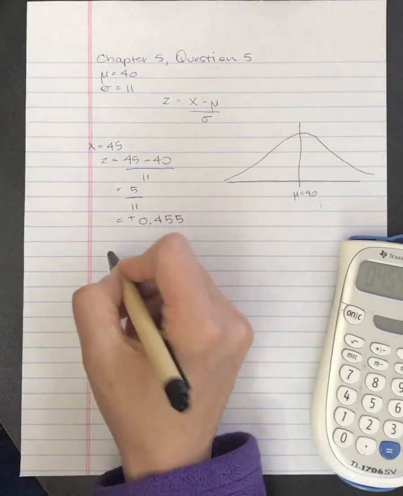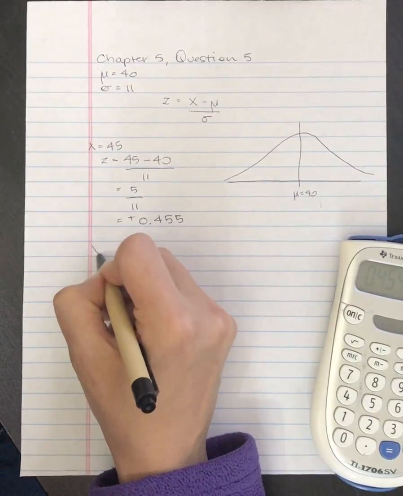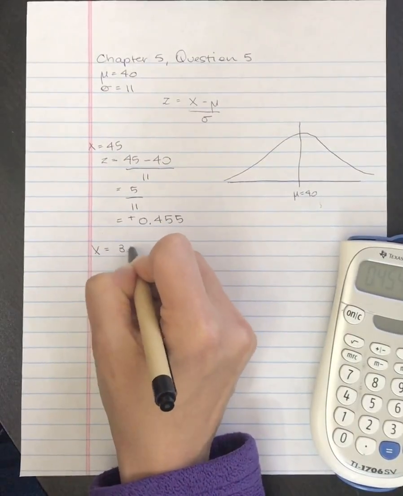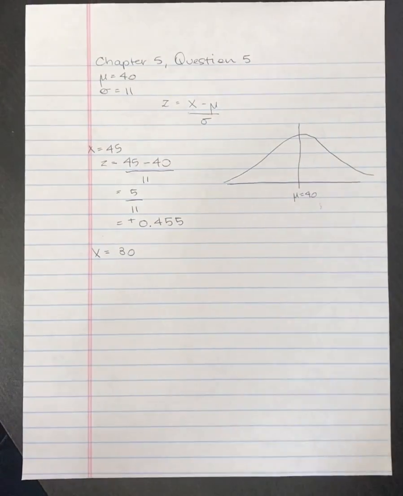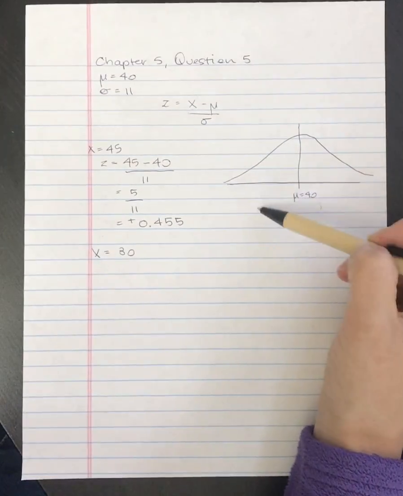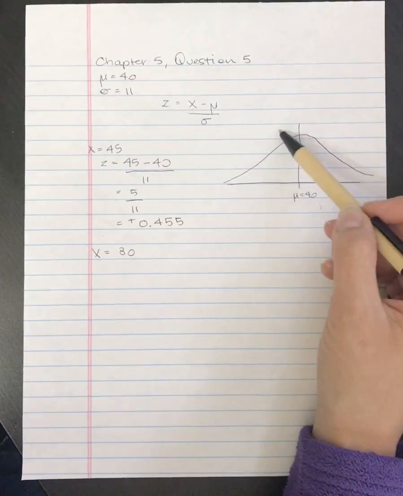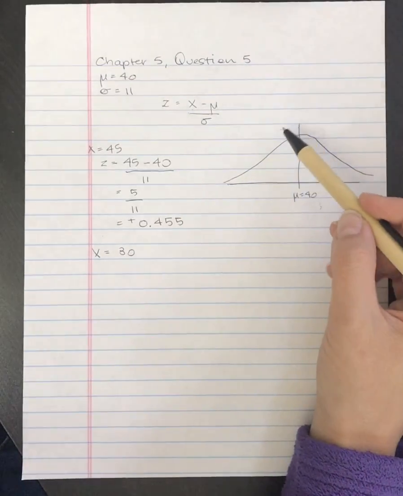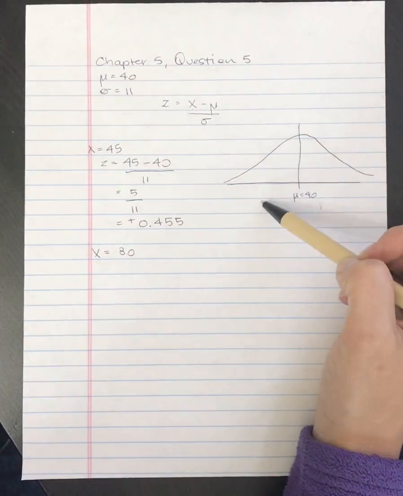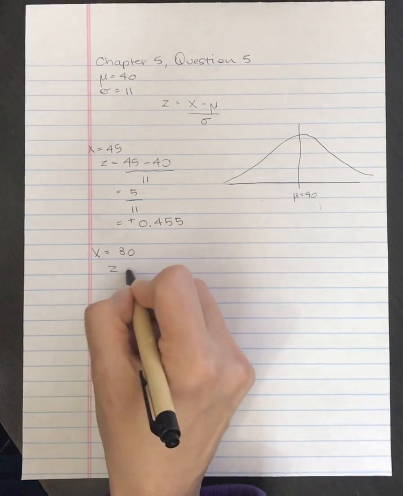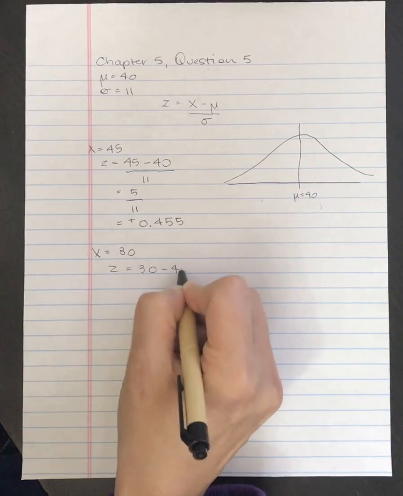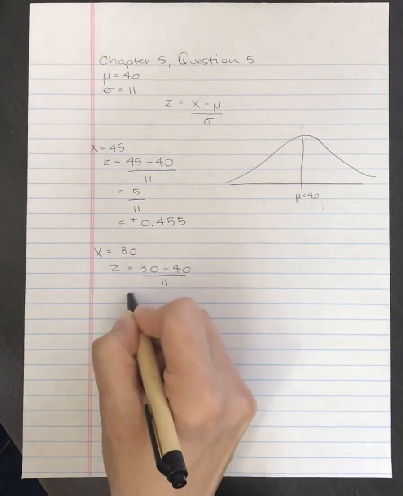The next X that we should calculate is X equals 30. So we're calculating the Z-score. We have the X. 30 is less than 40, so it's going to be somewhere over here. So we're expecting a negative Z-score. So Z equals 30 minus 40 divided by 11.